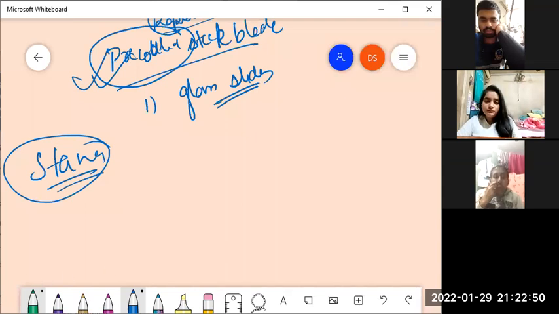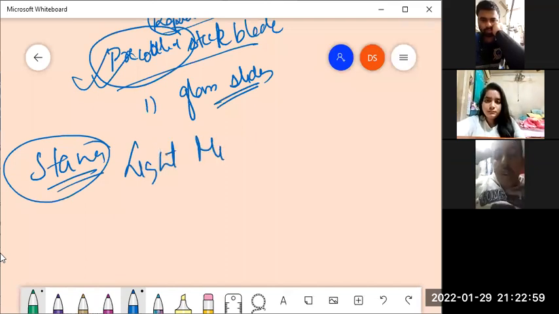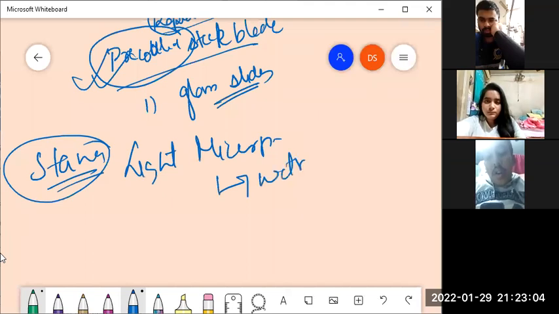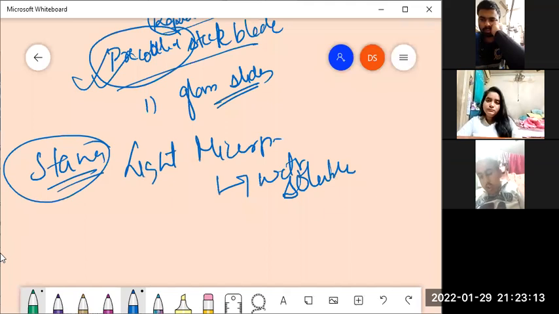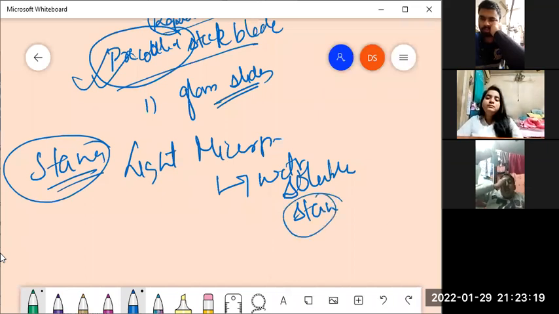Usually for light microscopy, we use water-soluble stains. So most of the stains that you find in the laboratory are water-soluble. When we buy the stains from the market, we buy them in the raw form, because it is not at all sensible to spend money on water.